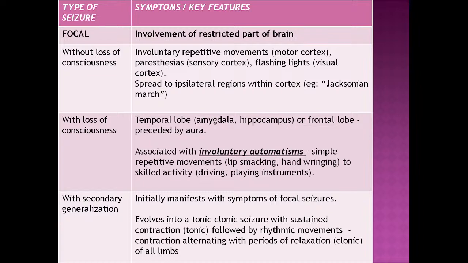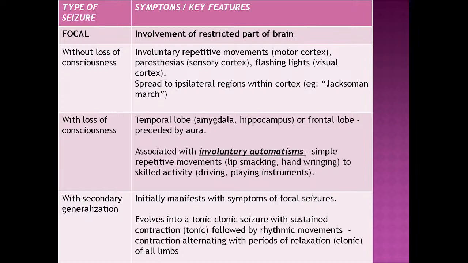If we look at focal seizures without loss of consciousness, what are you likely to see? If the motor cortex is involved, you may see involuntary repetitive movements happening suddenly. If the sensory cortex is involved, you may have paresthesias, abnormal sensations being perceived.